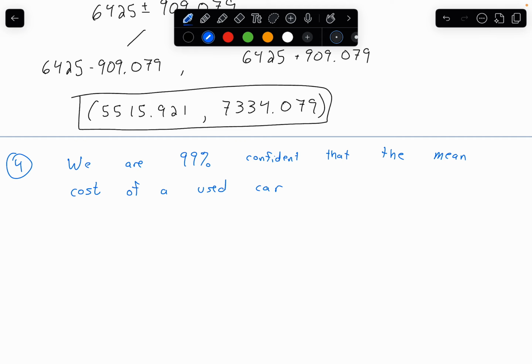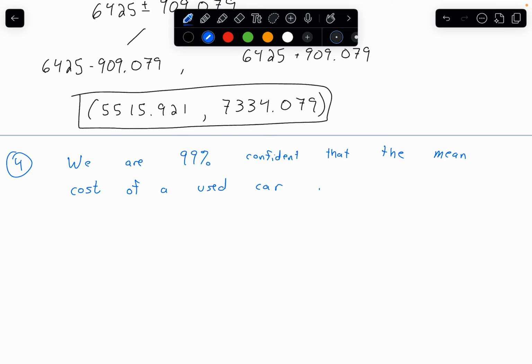So remember, we're trying to identify a population and identify the mean of that population. So the mean cost of a used car is between, we said, $5,515.921 and $7,334.079.